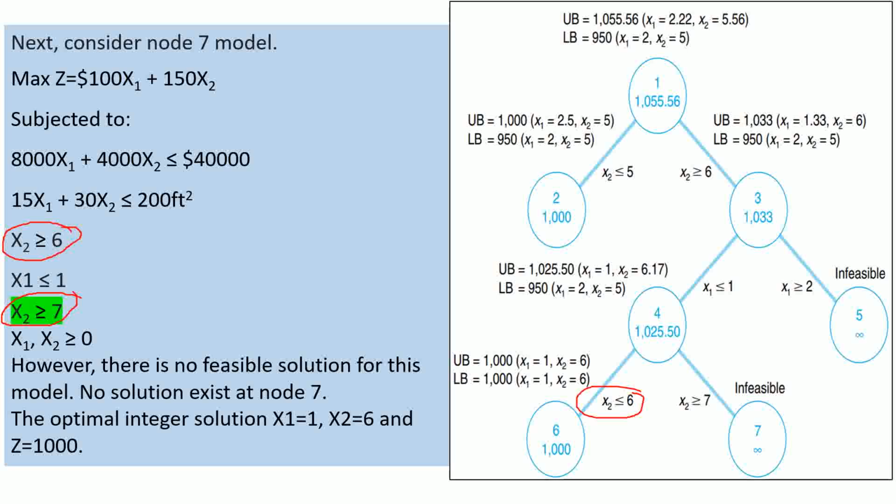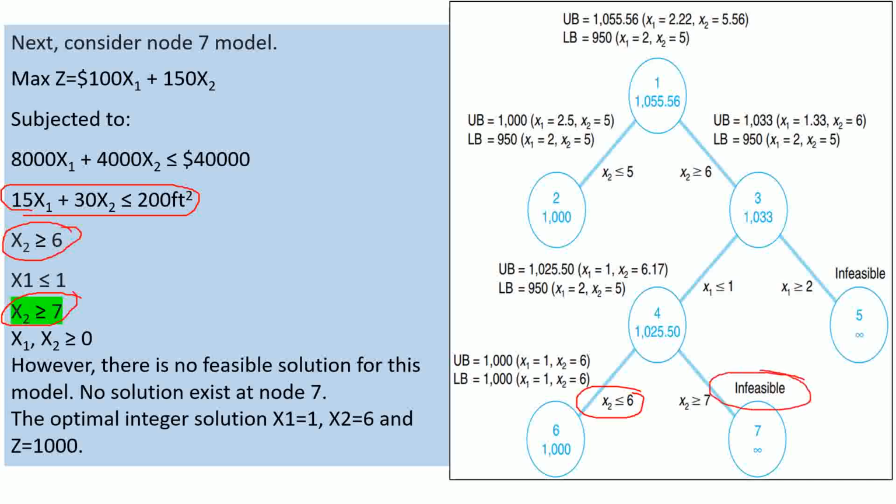If we substitute x2 equal to 7, that by itself is 210, and x1 is 1, so 15, so 225 is not less than or equal to 200. So we can prove that this is an infeasible solution.